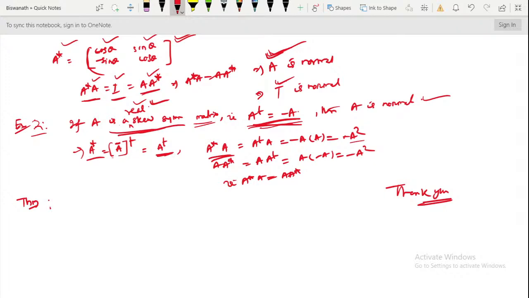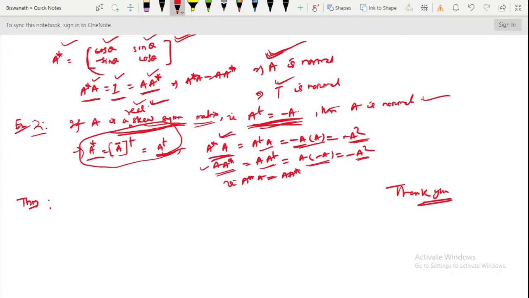Now if you calculate A star A, this will be A transpose A, and since A is skew symmetric, A transpose is minus A. So minus A into A is minus A square. Similarly, A A star is A into A transpose, which is A into minus A, which is minus A square.